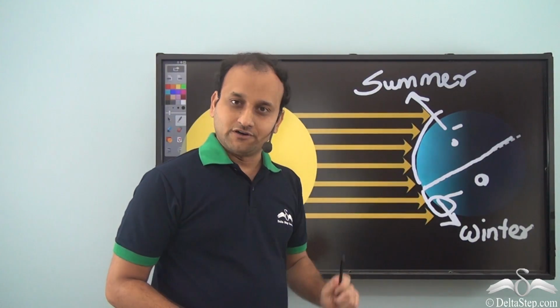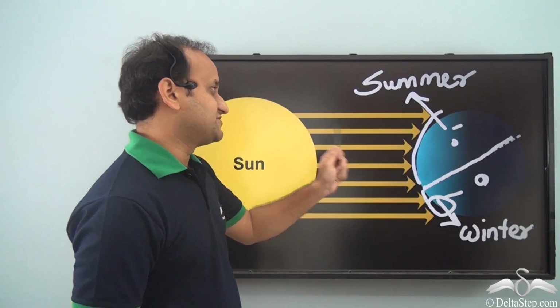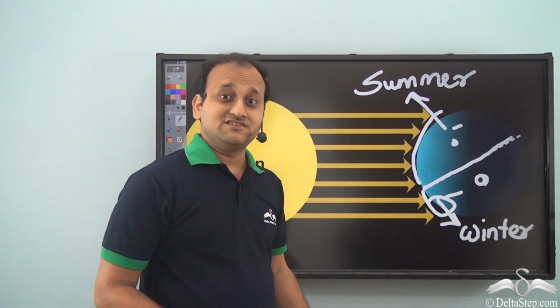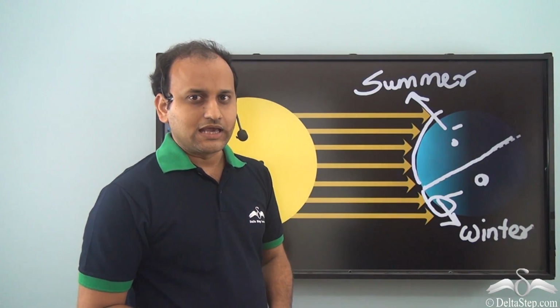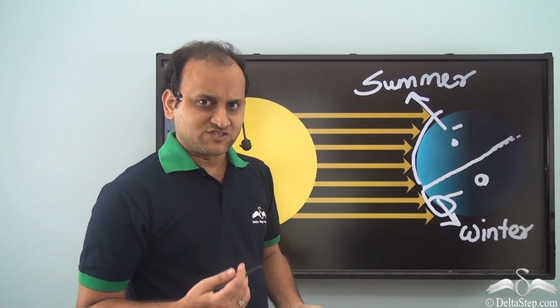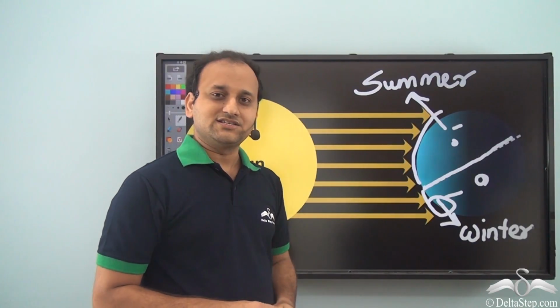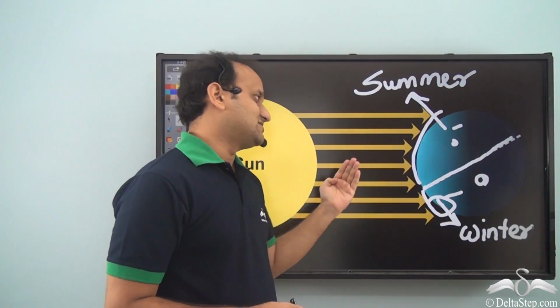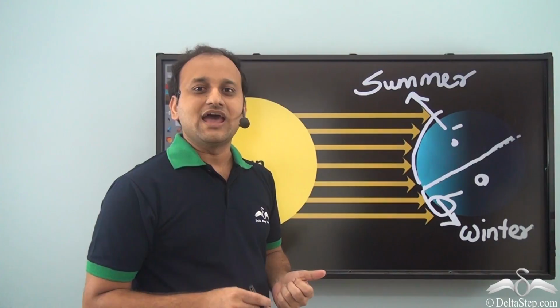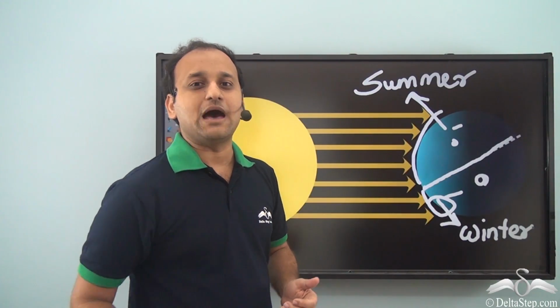So you see how the changing position of Earth due to revolution has resulted in summer and winter season in different parts of the Earth. Similarly, for autumn and spring, the same thing happens. So at different points, the Earth faces the sun at different angles, and as a result, different seasons happen.